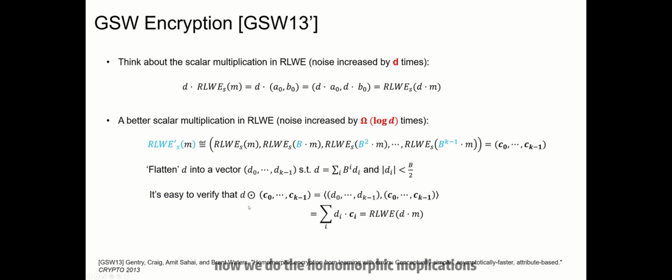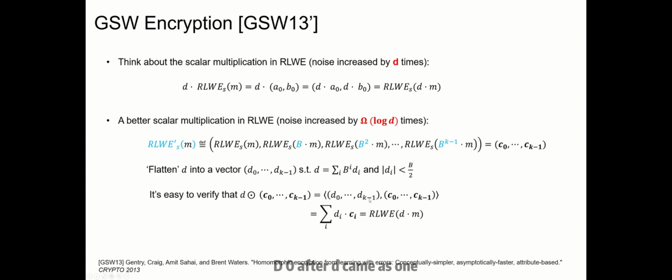Now we do the homomorphic multiplications this way. I use the symbol circle dot to denote the new homomorphic multiplication, that the polynomial D homomorphically multiplies the ring LWE prime ciphertext.